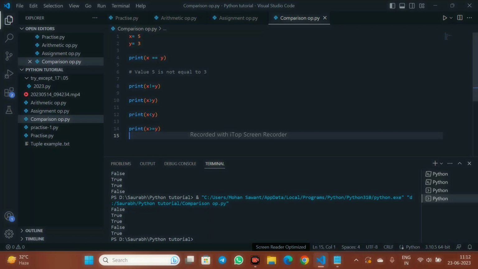Here what I have put is print x greater than or equal to y. That means if the value of the left operand is greater than or equal to the value of the right operand, then it becomes true. Generally in a comparison operator, we compare the values to see whether it is true or false. So that is why I have got the output as true and false, because it compares the values.